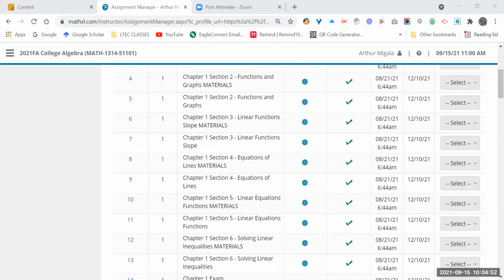What's the domain? Let me shrink this one out some. What's the domain? Yeah, it's just all the x values.